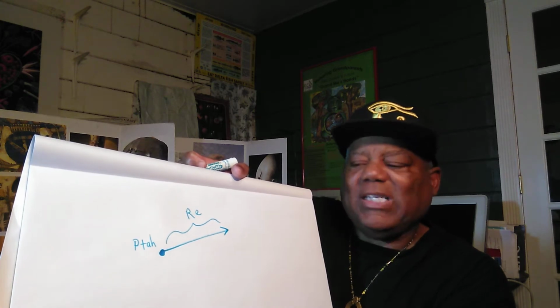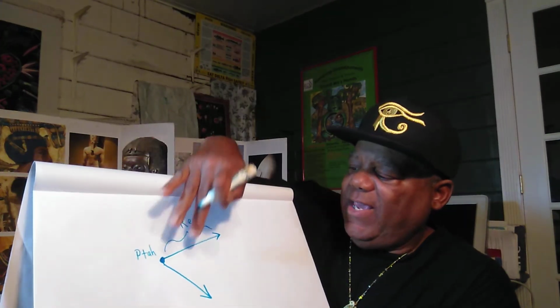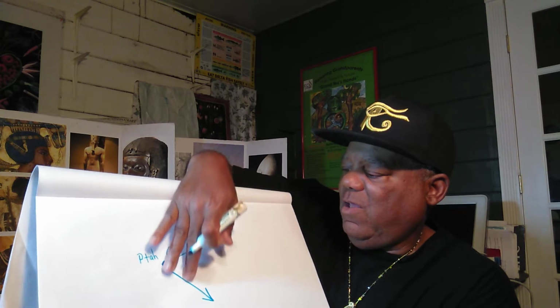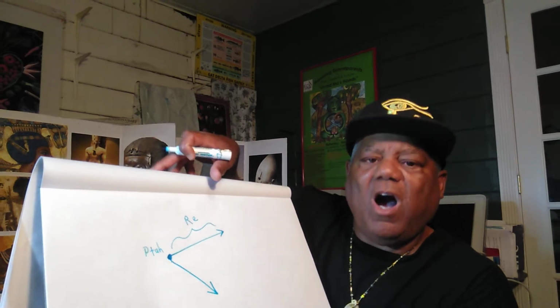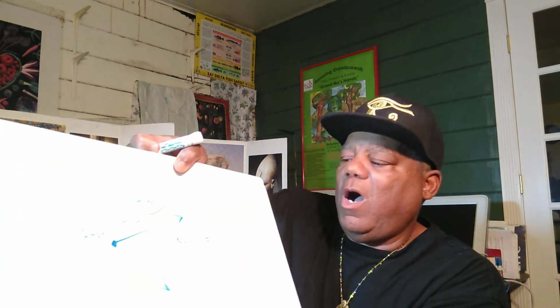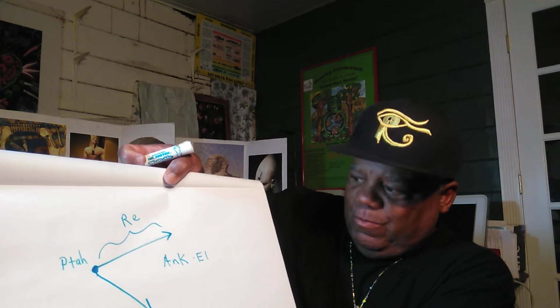Then they drew a second ray, and the angle it represents became the Ankh-El, or angel.